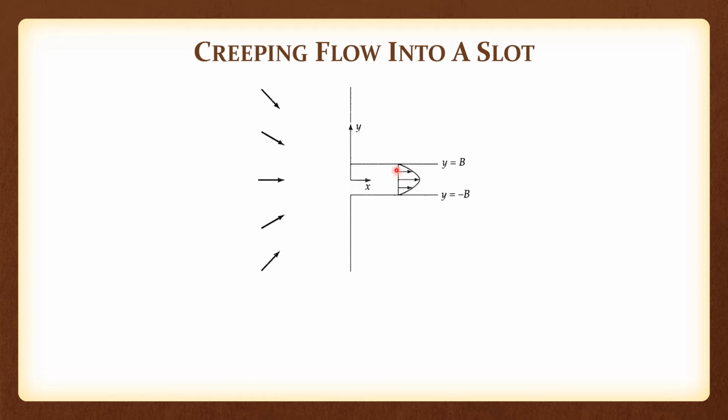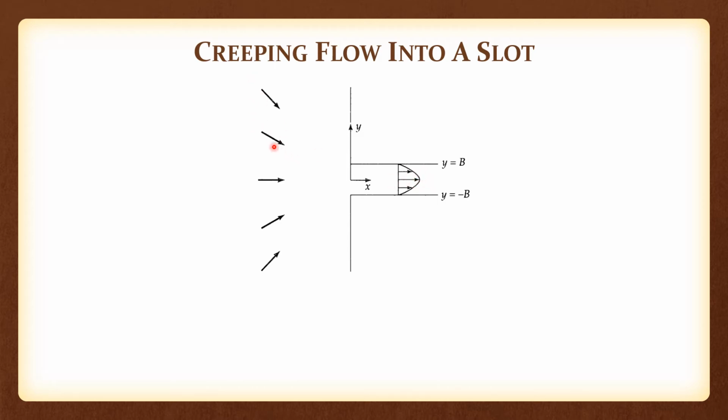Far into the slot, basically you have a parabolic velocity profile with velocity being 0 at both ends because these two walls are stationary, and the maximum velocity being at the center.